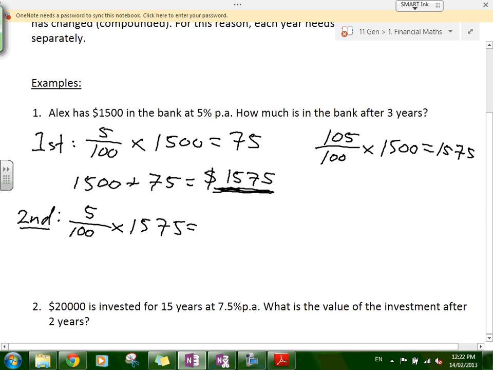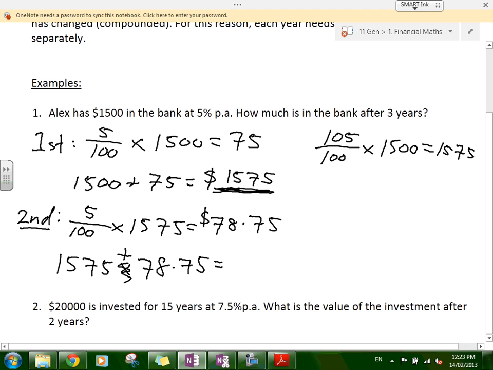What's 5% of 1,575? $78.75, and then you add that on. That equals 1,653.75.